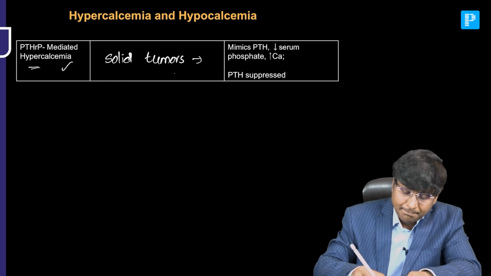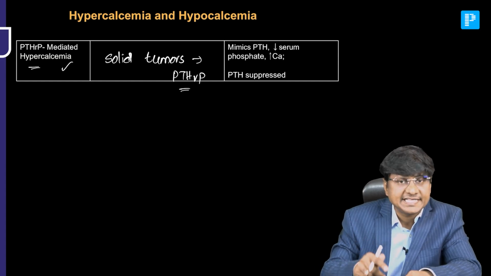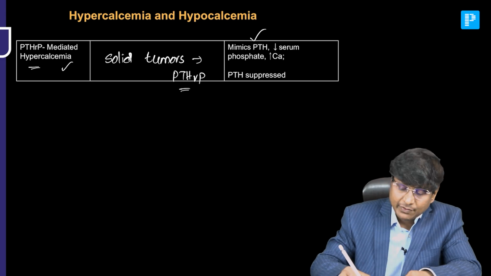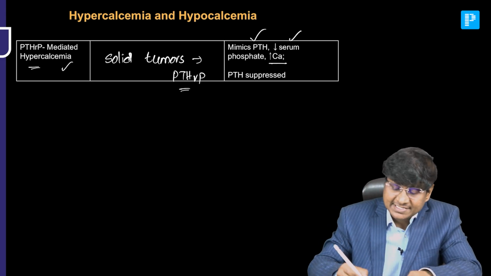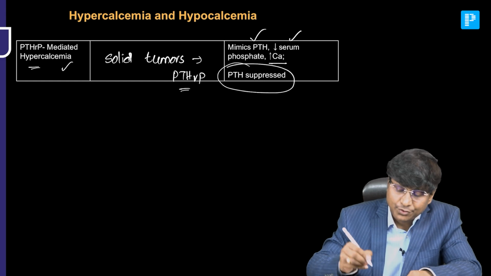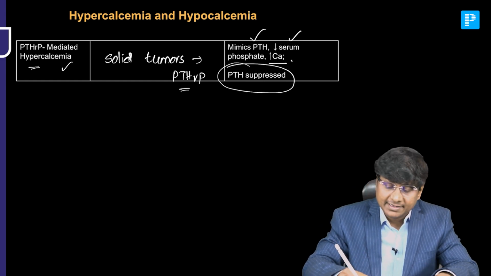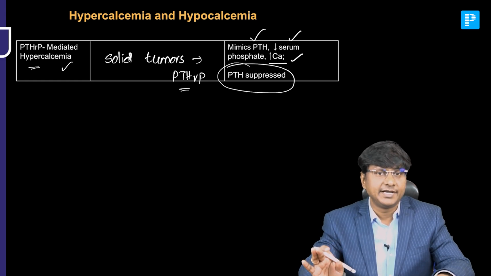They produce parathyroid hormone related peptide, which will mimic the parathyroid hormone and increase the calcium and decrease the phosphate. And once there is an increase in calcium, what will happen to your parathyroid hormone levels? Parathyroid hormone levels are suppressed, but the calcium levels are elevated. So, this is about the parathyroid hormone related peptide.